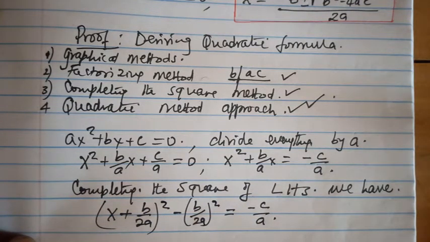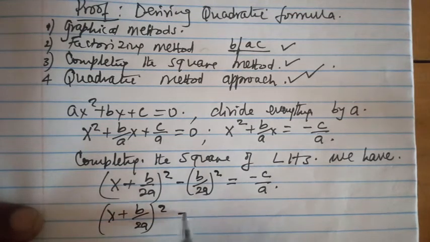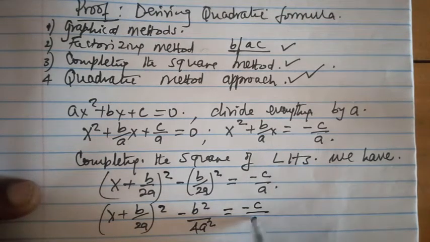You realize that this can be written as x plus b over 2a squared minus b squared over 4a squared is equal to minus c over a.